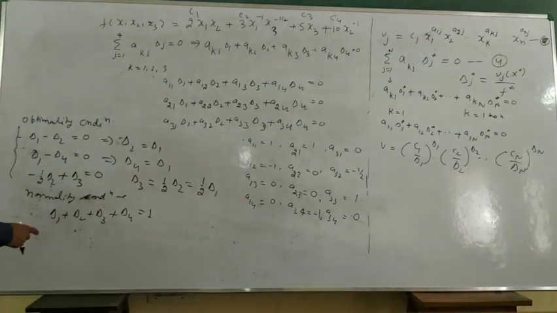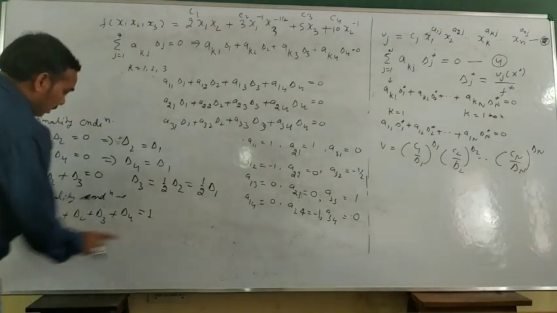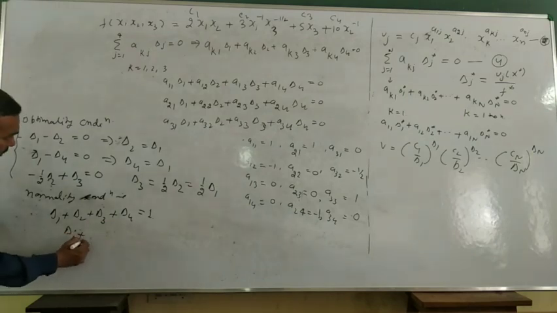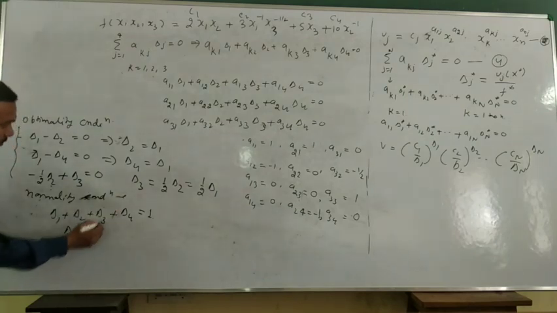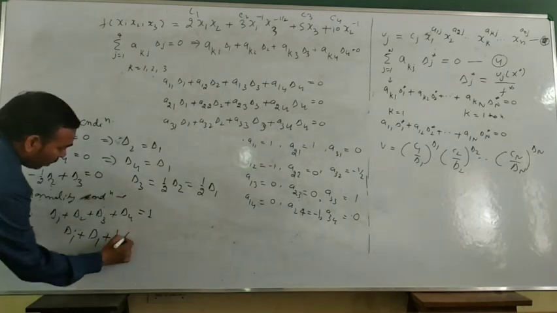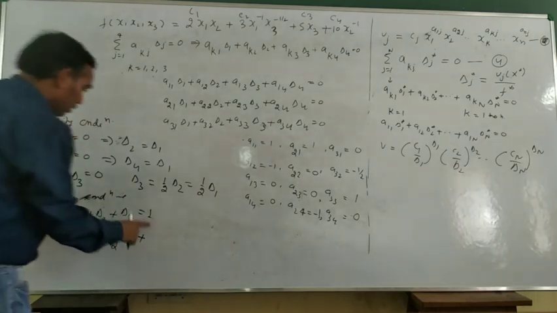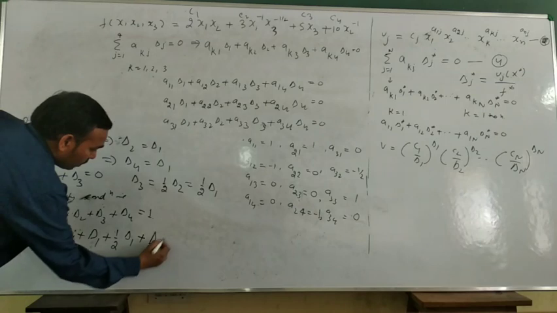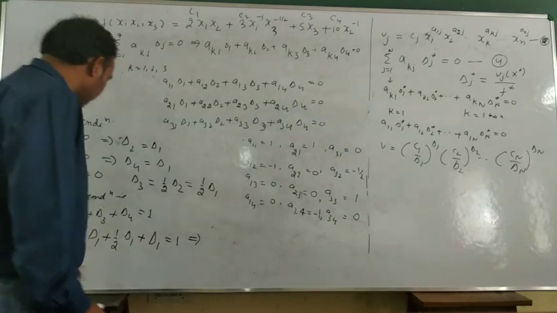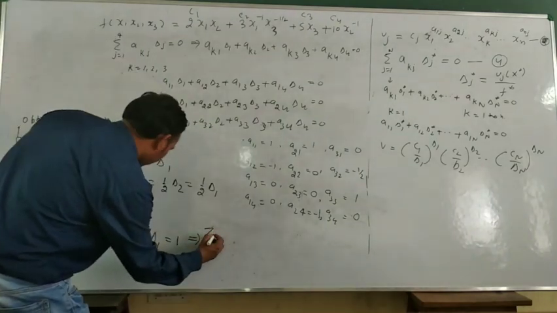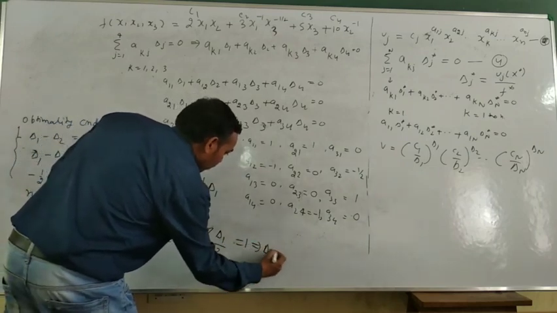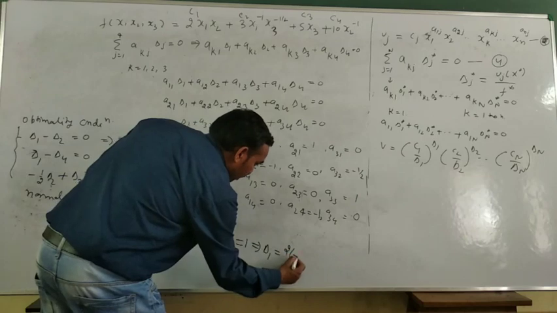Now put the values of del 2, del 3, del 4 in our normality condition. Simply we get del 1 plus del 1 plus half del 1 plus del 1 equals 1, which implies 7 del 1 upon 2 equals 1, so del 1 equals 2 upon 7.